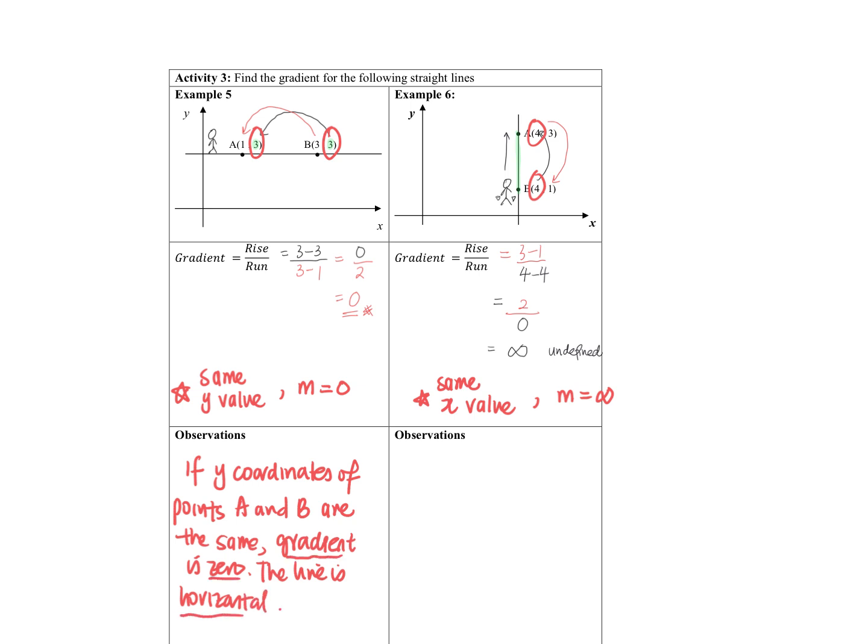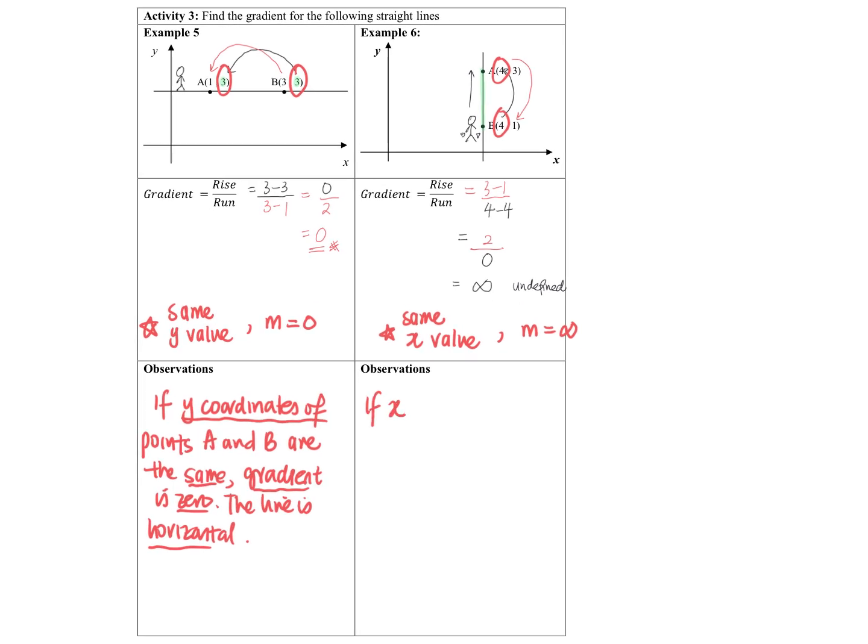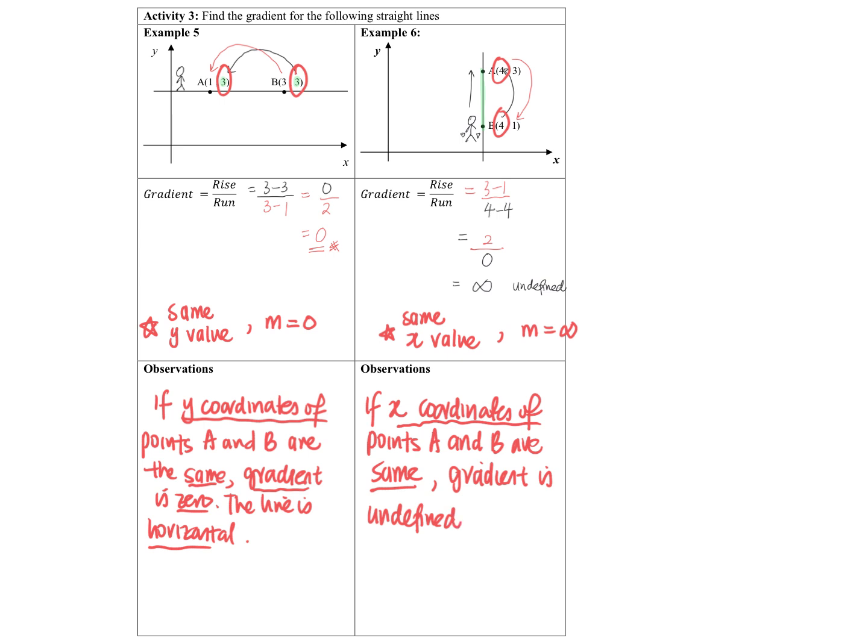Gradient is 0, same y coordinate. These are the keywords. But if the x coordinates are the same, then we can conclude the gradient is undefined. The line is vertical.